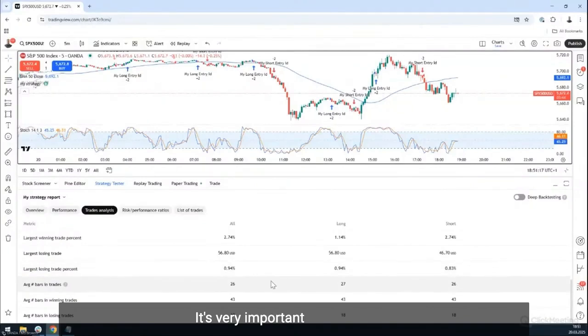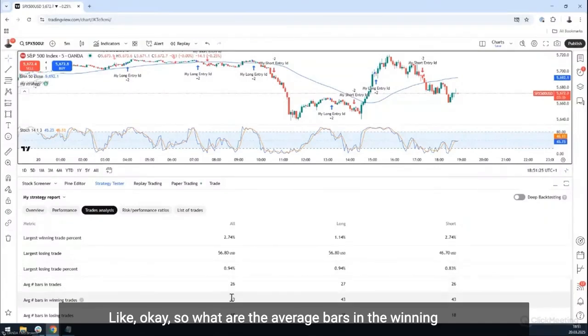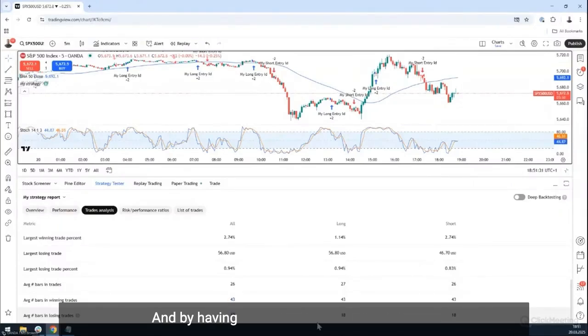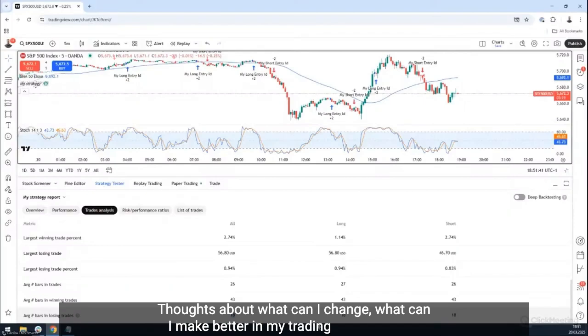It's very important for your stats. If you are creating some kind of strategy, then it's very important to know, okay, what are the average bars in the winning trades? For example, like 43, but in losing trades, only 18. And by having this information, I can think about what I can change, what I can make better in my trading performance.